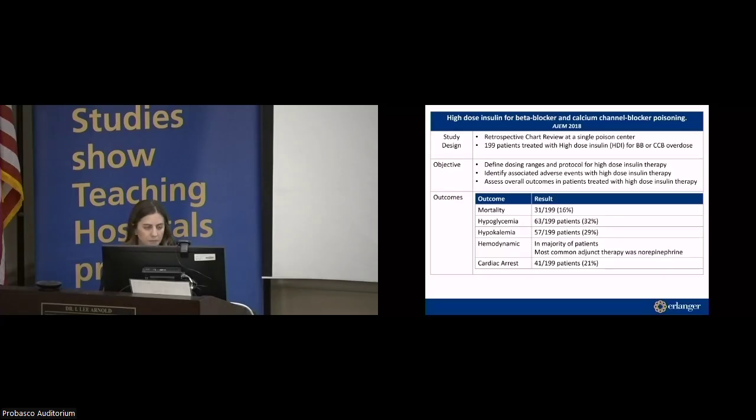And then hypokalemia occurred in 57 of the 199 patients, and that outcome was pretty well split between groups. The majority of patients had adjunct therapy with vasopressors, specifically norepinephrine, and then about 21% of the patients experienced cardiac arrest.